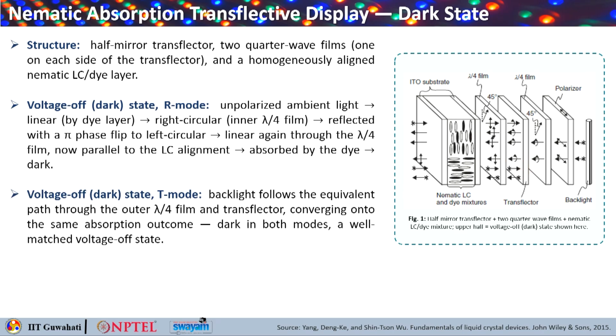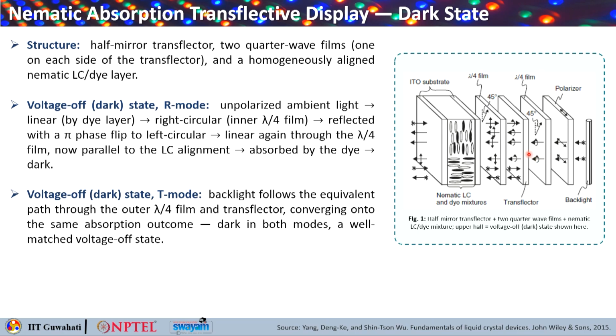Now let's see how it works in the transmission mode. In the transmission mode, you have a backlight at the very back. The backlight enters from behind, so it follows the mirror image version of the same path through the outer quarter wave plate. You have a polarizer, so it gets polarized, and then you have this quarter wave film that converts linear to circular polarized light.